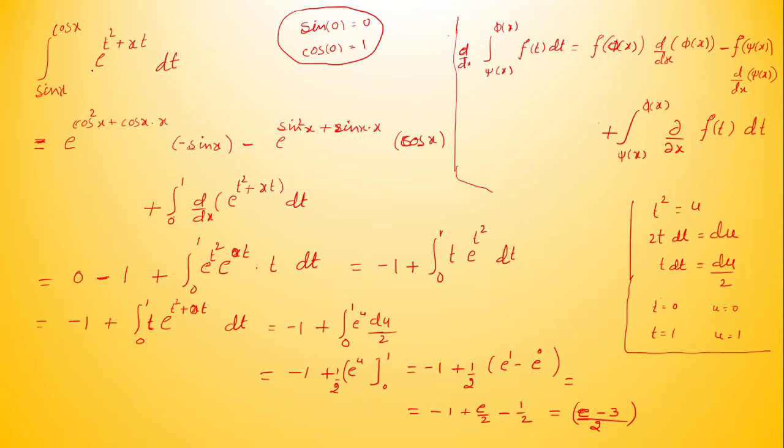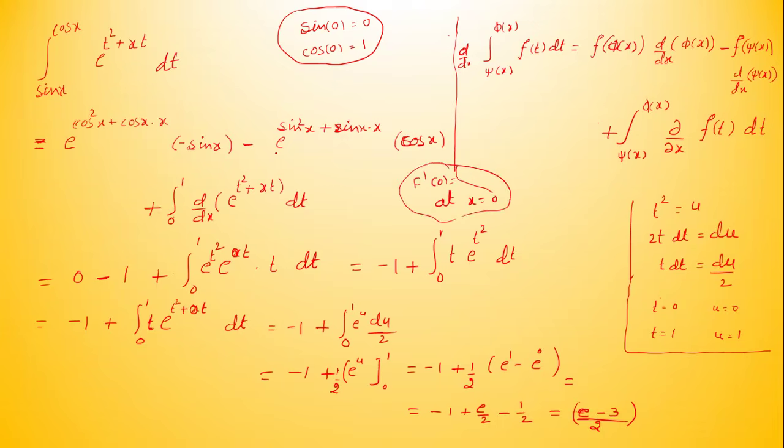The derivative of cos x is minus sin x. Minus e raised to sin square x plus sin x into x. The derivative of sin x is cos x. Plus the integral term. This is at x equal to 0, because they are asking f dash of 0.